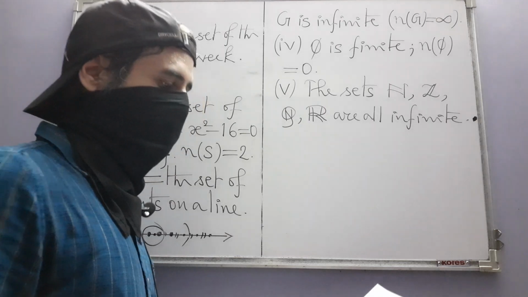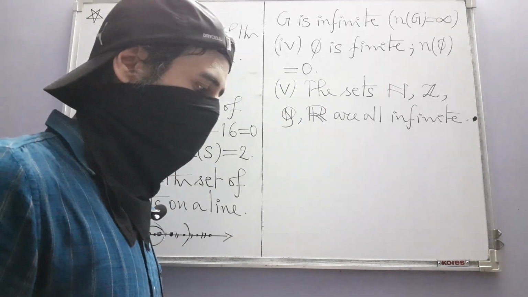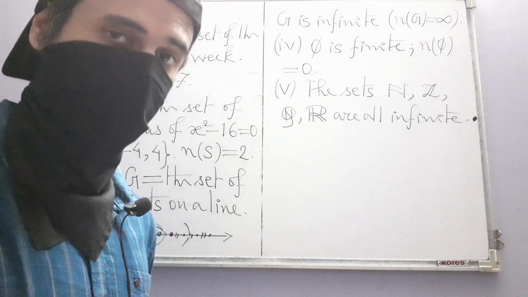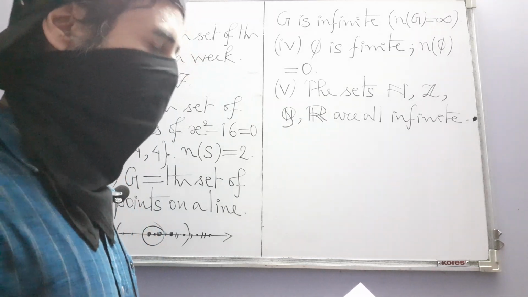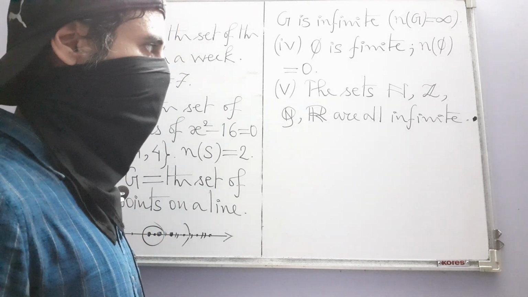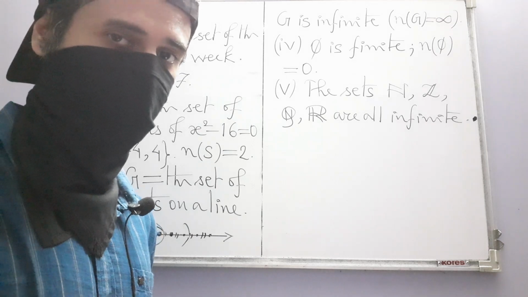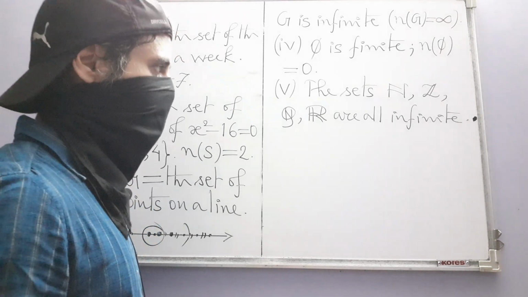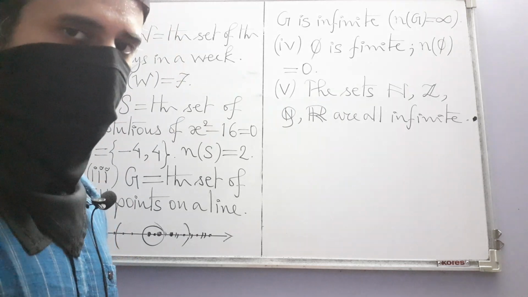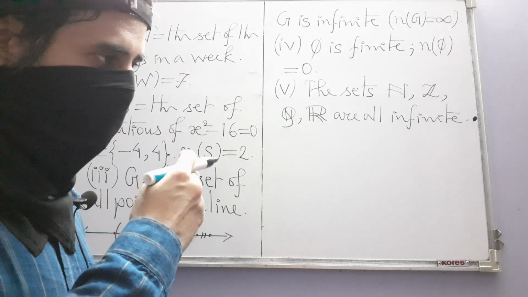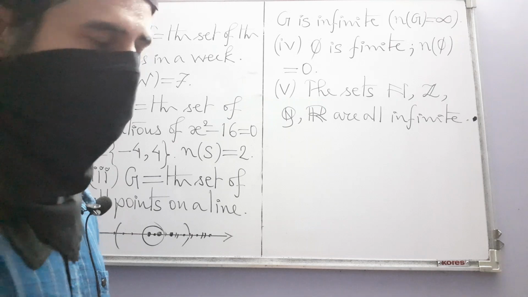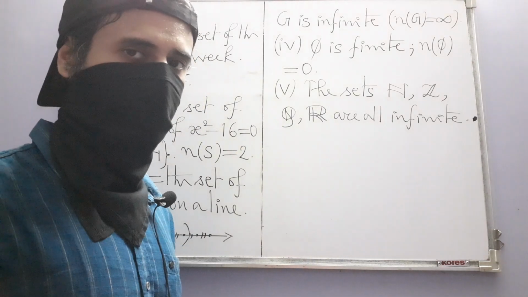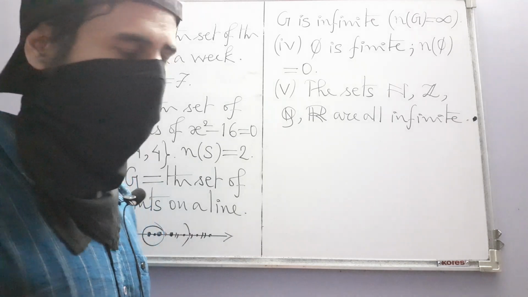And after having these examples, the book then mentions something which we have already discussed. When we write a set in roster form, where we list the elements, if the set is really big, then we use those 3 dots, ellipses. But of course, if the set is infinite, then we have to use those 3 dots.